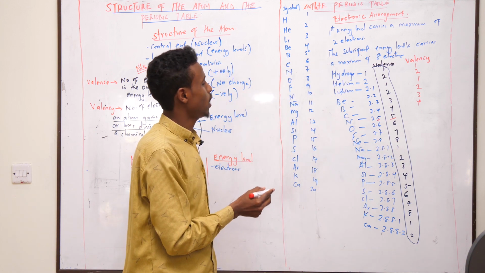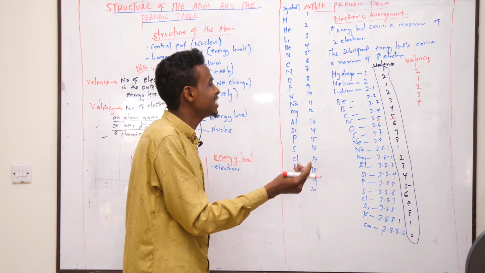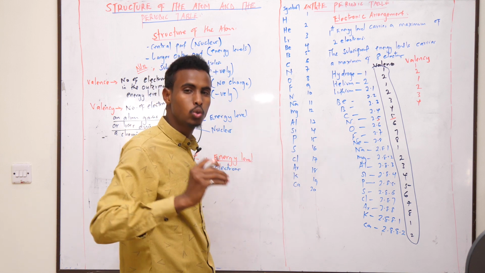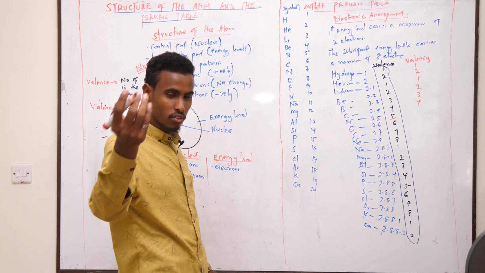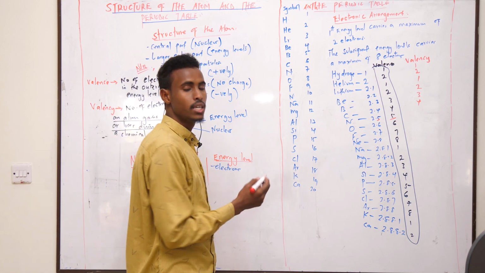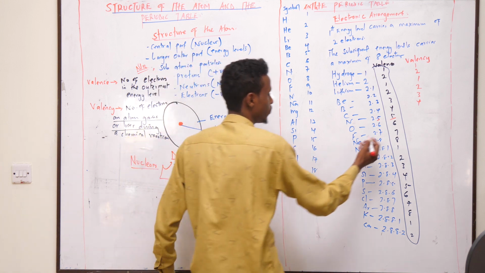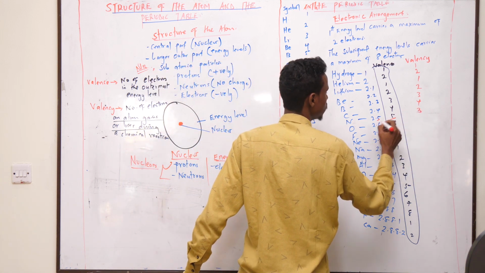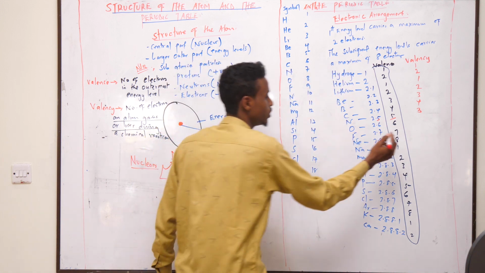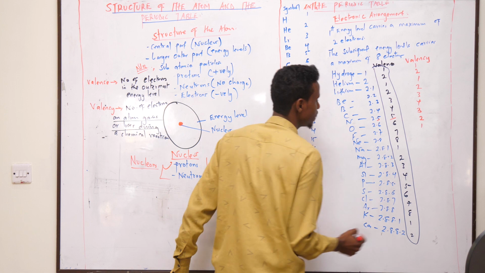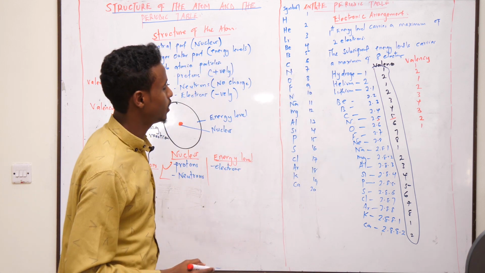Is it easier for nitrogen to lose 5 electrons or to gain 3 electrons? Rather than losing 5, it is easier to gain 3 electrons to become stable, and therefore its valency is 3. This one has 6 electrons in the outermost energy level, so it is easier to gain 2 electrons. This one, it is easier to gain 1 electron.